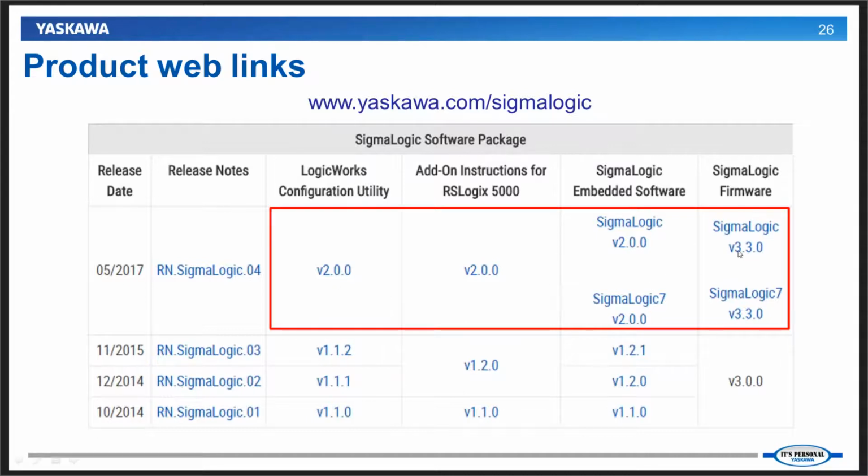This all goes together. You cannot mix and match version 2 with SigmaLogic embedded software version 1. It doesn't work like that. So please make sure that if you update SigmaLogic embedded software to version 2, you update the rest as well: version 2 of Logicworks and all other utilities that you need.